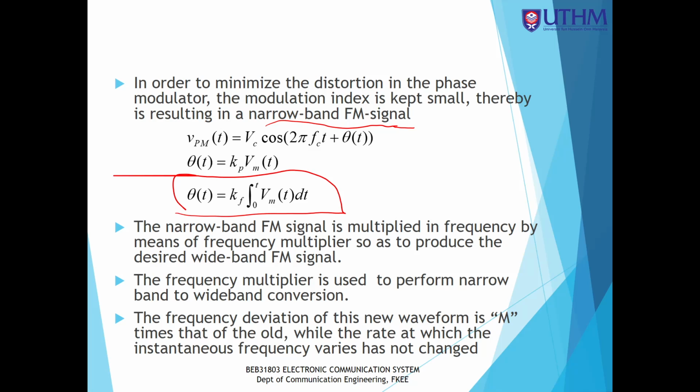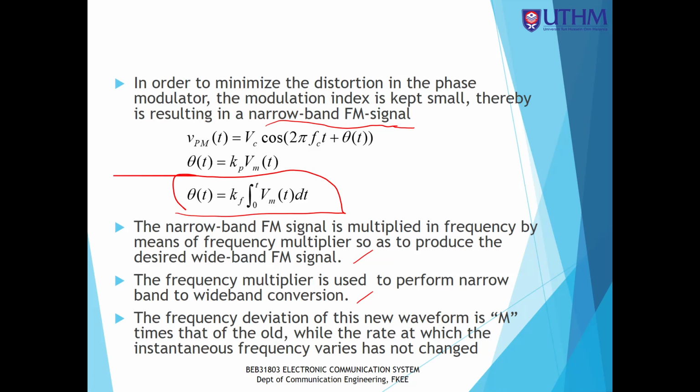Okay, so the narrowband FM is multiplied in frequency by means of frequency multiplier to produce a desired wideband. So yang terhasil daripada proses phase modulation ini adalah narrowband FM. So in order to make it wideband FM, you can use the multiplier. Okay, so the frequency multiplier is used to perform a narrowband to wideband conversion.